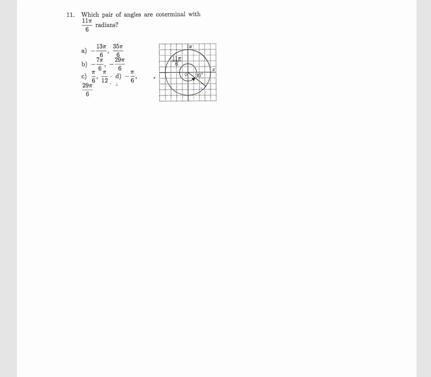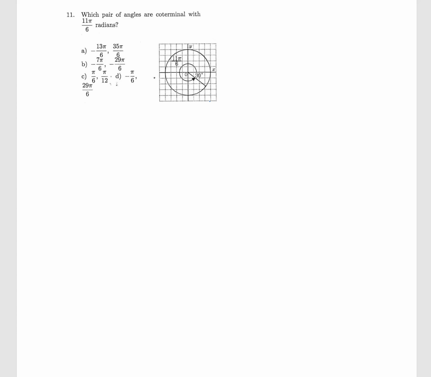And so to do that, what we have to do is make a full revolution of the circle, either in the positive counterclockwise direction or the negative clockwise direction, so that we get to the same spot, but we've actually made a whole other loop of the circle.